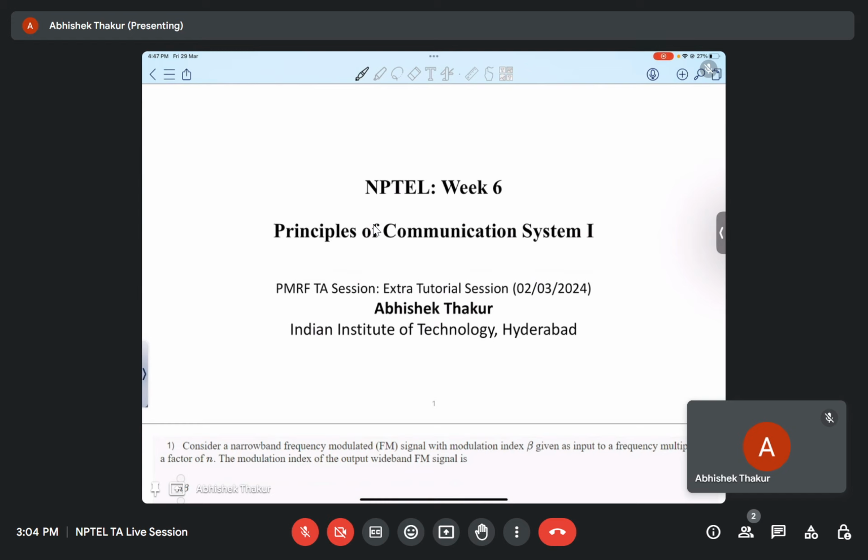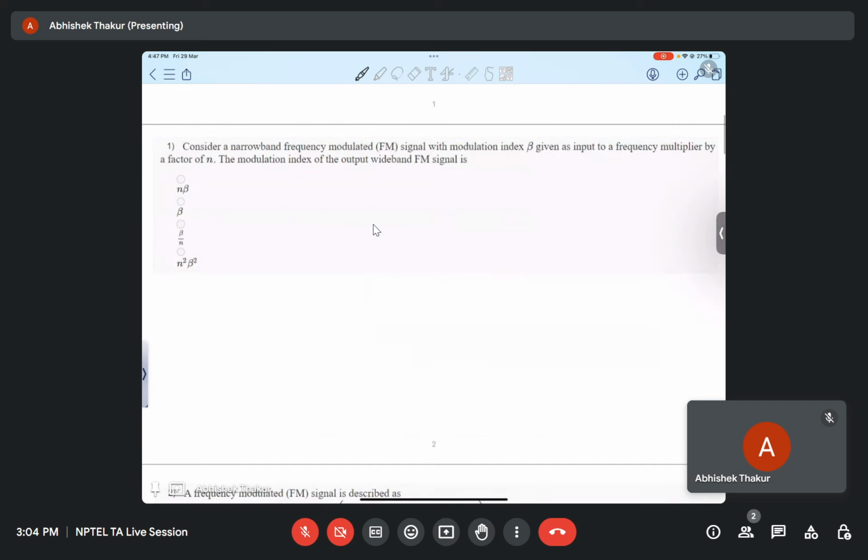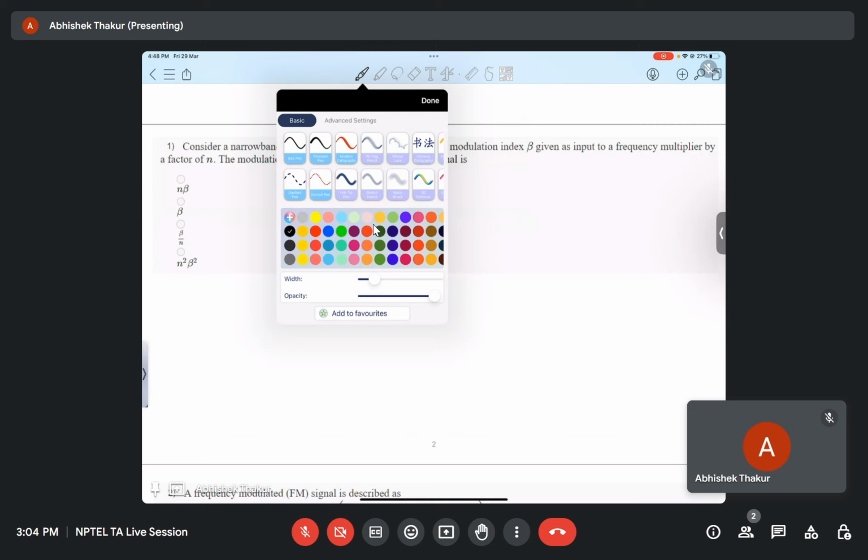So coming to the first question. Consider a narrow band frequency modulated FM signal with modulation index beta given as the input to a frequency multiplier by a factor of n. So the modulation index of the output wideband FM signal is? When a frequency multiplier factor of n is there, then the output will be n times beta.